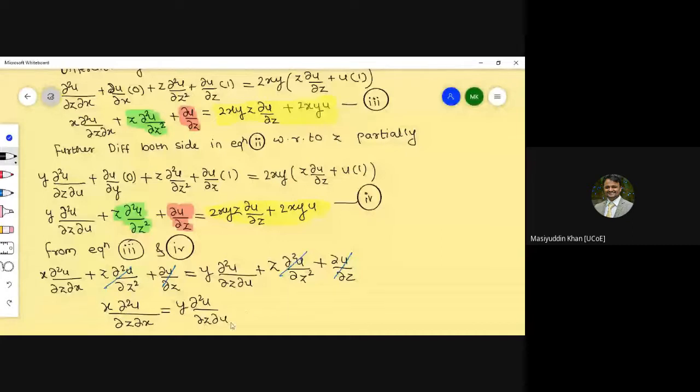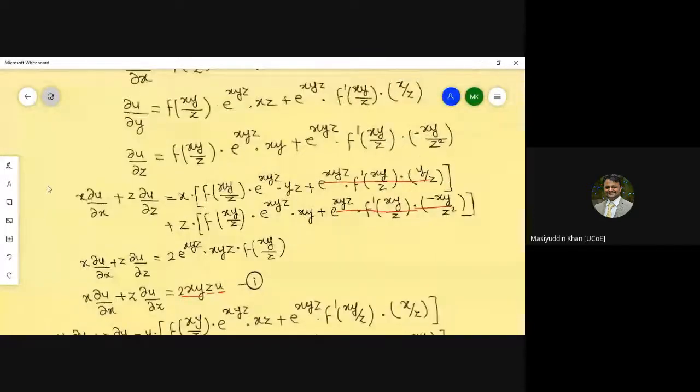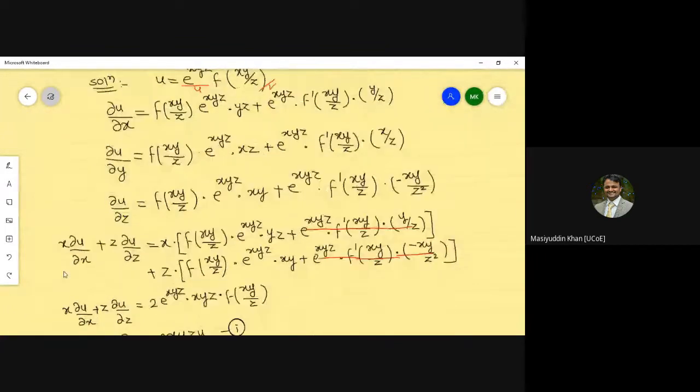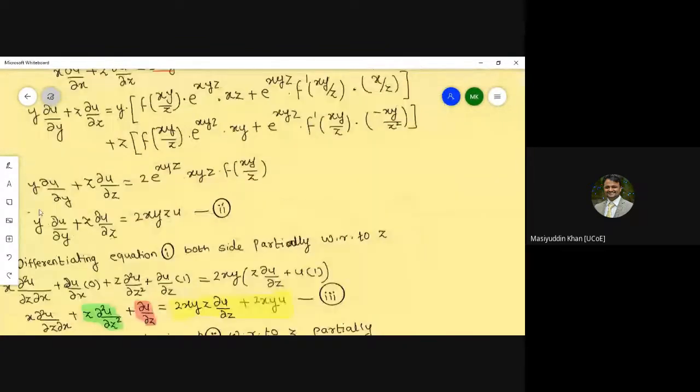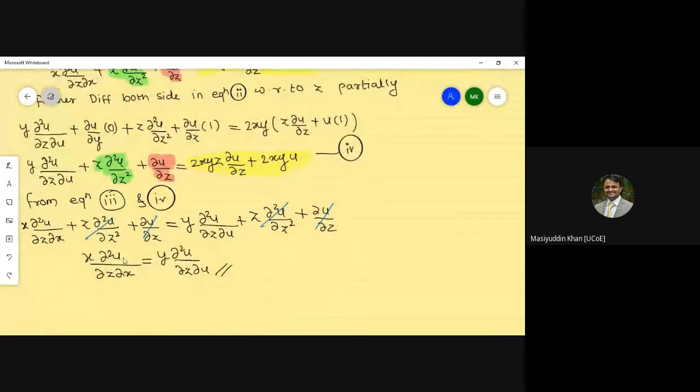And this is our proof given in the question, that is, hence prove that or hence show that x into ∂²u/∂z∂x is equal to y into ∂²u/∂z∂y. So this was our proof.